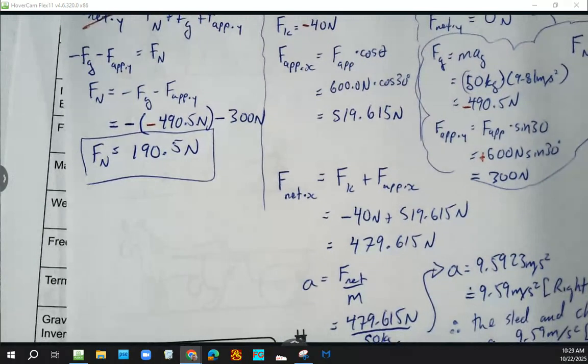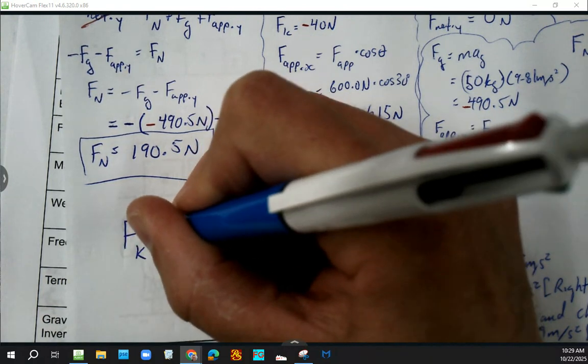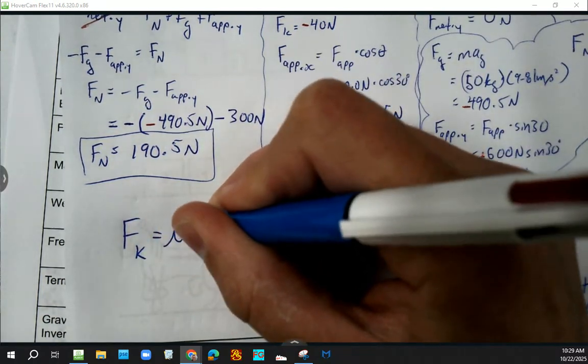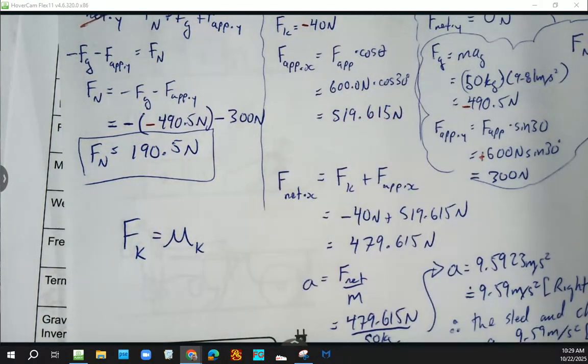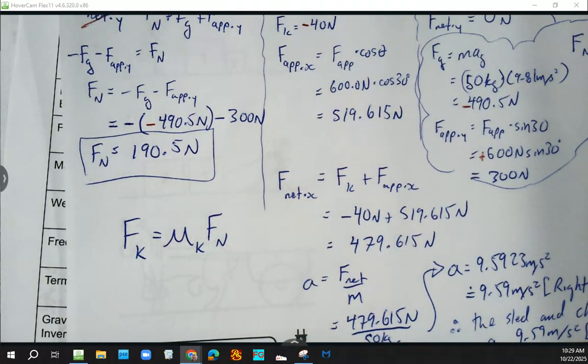Later on, by the way, we're going to introduce something called the coefficient of friction. And when we talk about kinetic friction, there's going to be a coefficient called the coefficient of kinetic friction. And I'm just going to throw out this one little equation right now. We won't even do any calculations with it. I just want it to percolate and steep like a good bag of tea in your brain.